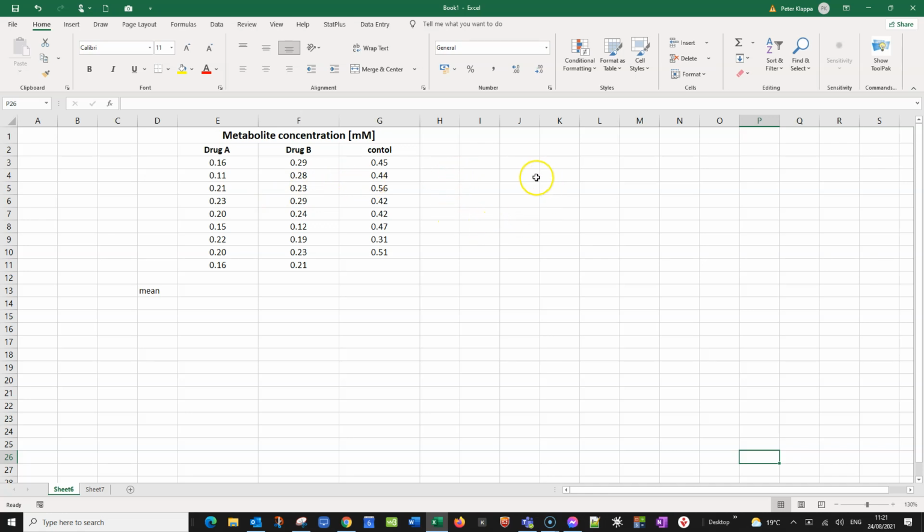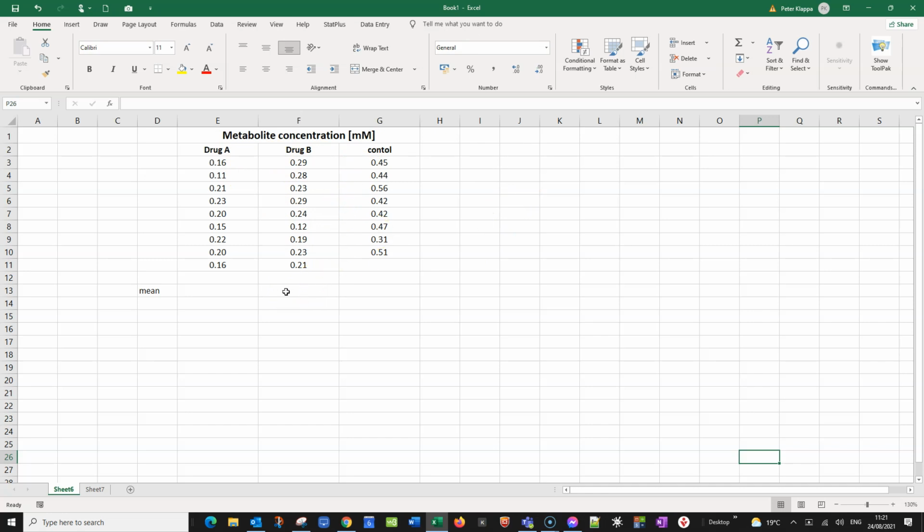And that's where a one-way ANOVA comes in very handy. ANOVA stands for analysis of variance, but what it does is actually it compares the means of all three samples here, and we can have as many samples as we like. It's just three in this case to make it easier.